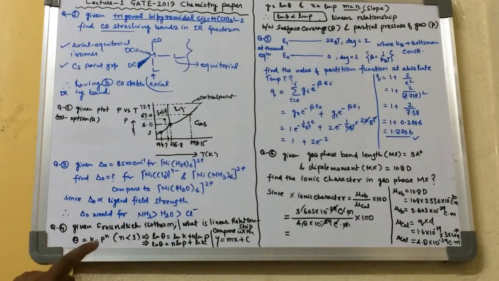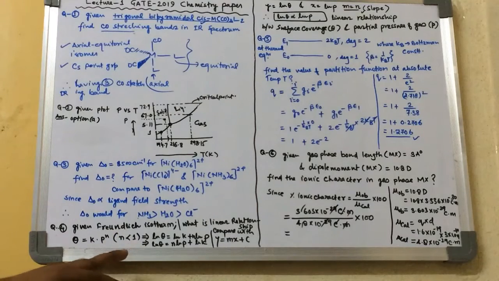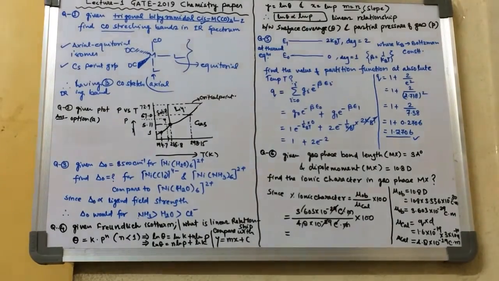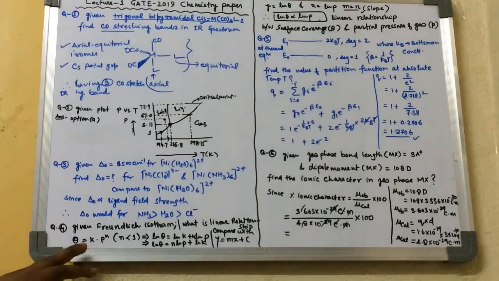If you know this Freundlich isotherm, then you can move according to the option. Some options are given without ln and some with ln, so I take ln on both sides of this expression.